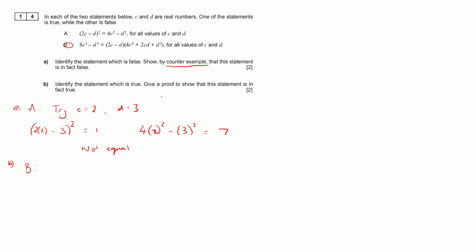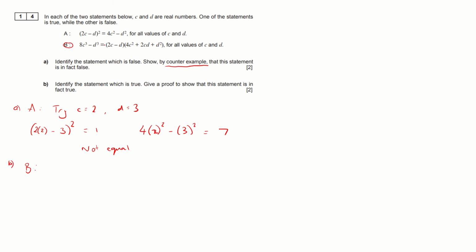Exhaustion is where you try every single possible number, and it should work every single time. That is not realistic with part B, because you would be there forever. If it was proof by exhaustion, they would probably limit the numbers you're allowed to use. So it is going to have to be proof by deduction for part B.